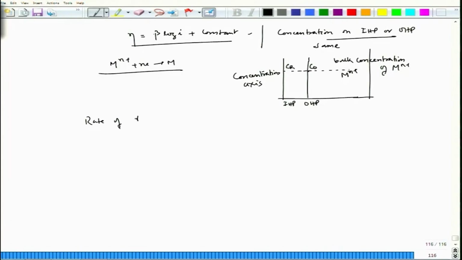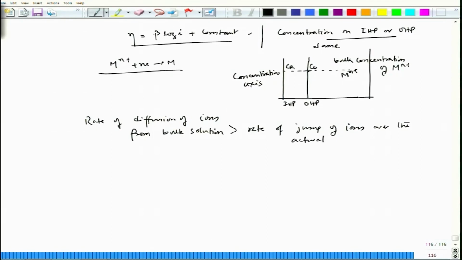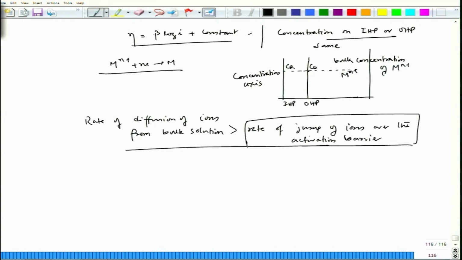Now, if we have this condition that the rate of diffusion of ions from the bulk solution is greater than the rate of jump of ions over the activation barrier, then we can say that the slowest step of the overall reaction is this one, and the slowest step controls the overall rate of that process. Because this polarization is guided by the rate of the jump of ions over the activation barrier, we call it activation polarization.